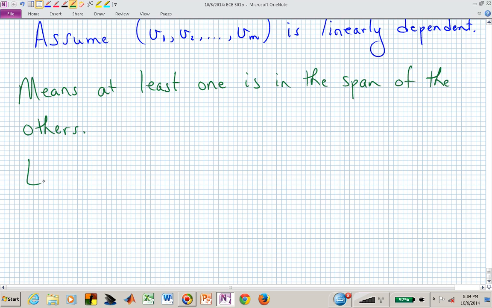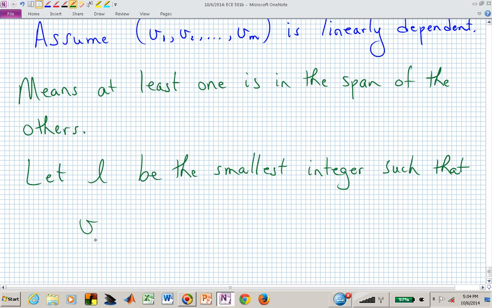Now let's just introduce some notation. Let L be the smallest integer such that v sub L is now in the span of v1, v2, up to v sub L minus 1. So we're looking at these vectors, and we pick vector 1, and ask, is this in the span?